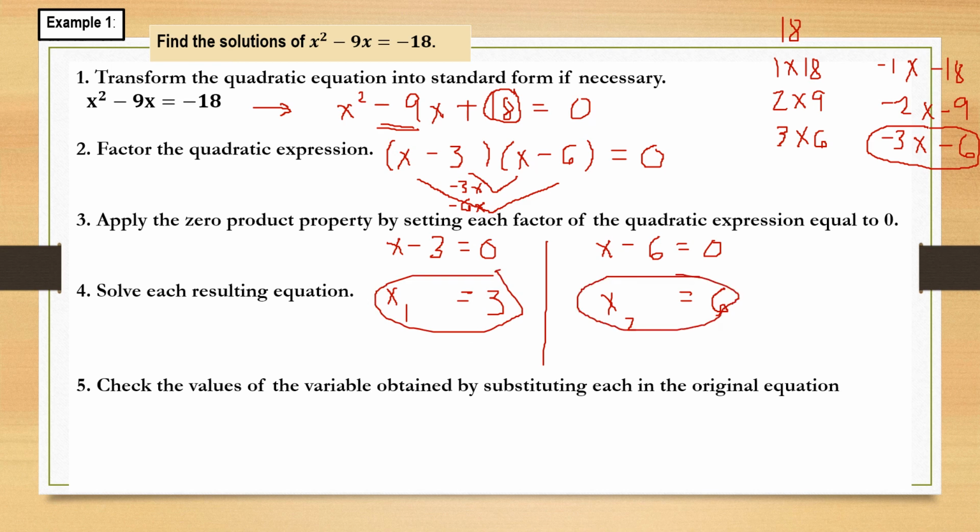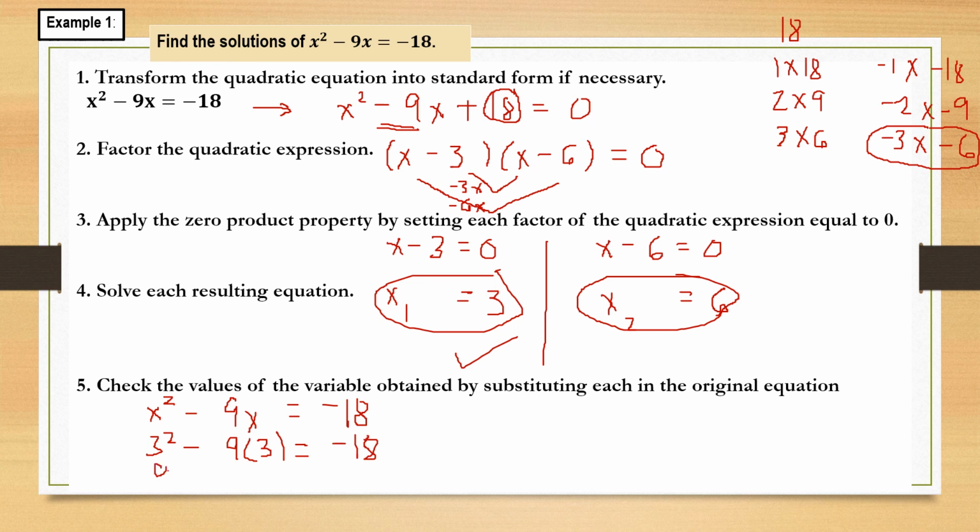Check the values of the variable obtained by substituting each in the original equation. So the original equation is x squared minus 9x is equal to negative 18. Let us first substitute positive 3. 3 squared minus 9 times 3 is equal to negative 18.